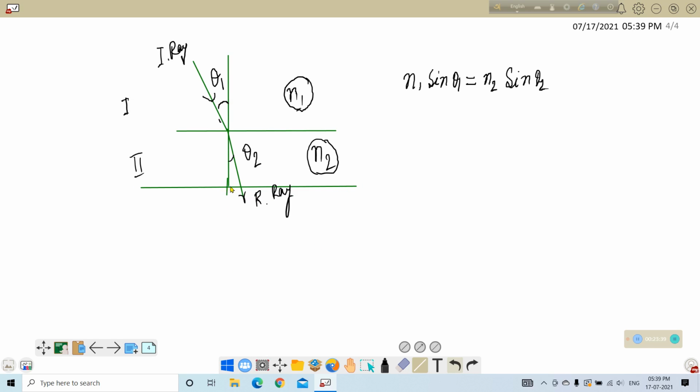And at the interface of the third medium, at this point, this will be the normal. And as the light passes from one medium to another medium, it will further bend either towards the normal or away from the normal. Suppose this point bends the light in this manner.